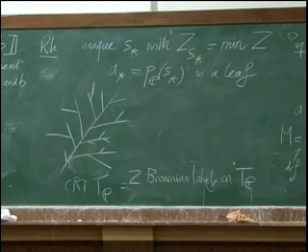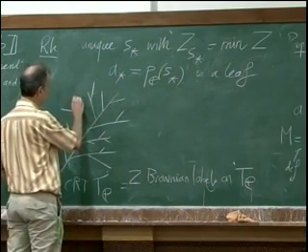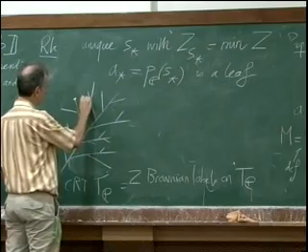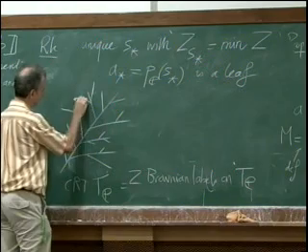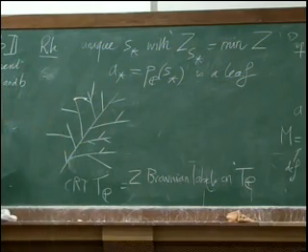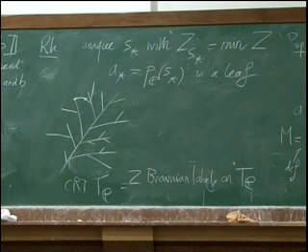And now what you do is identify certain vertices, and this is what the theorem tells you. You can identify only pairs of leaves. For instance, you identify these two vertices if they have the same label, and if in between the labels are larger.